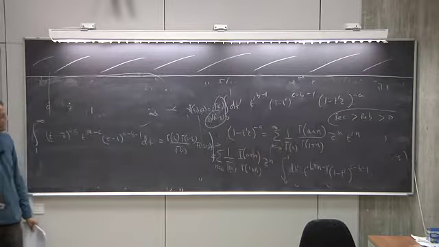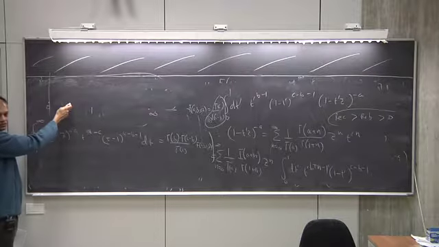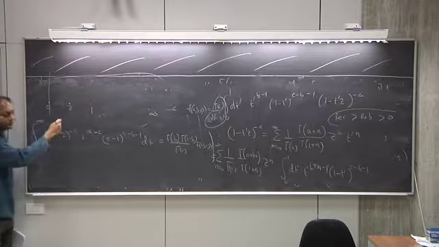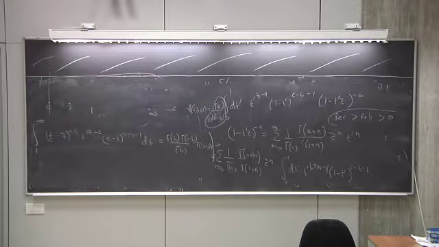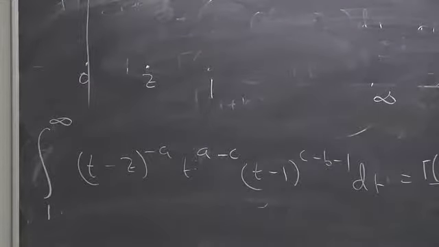I could have chosen other contours, for example 0 to z, or 0 to 1, or z to 1. Out of the 4, it's basically combinatorics, 4 choose 2: I have to just pick 2 points and integrate. 4 choose 2 is exactly 6, and those 6 that I mentioned before are exactly these.